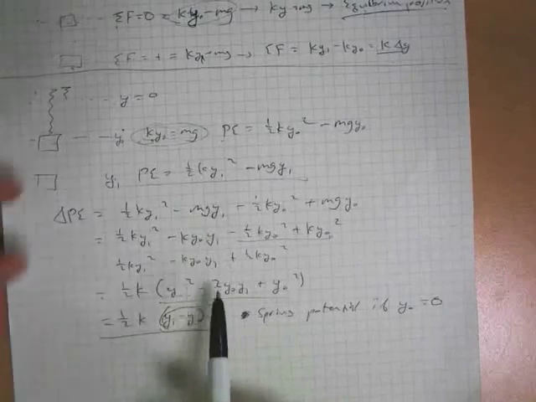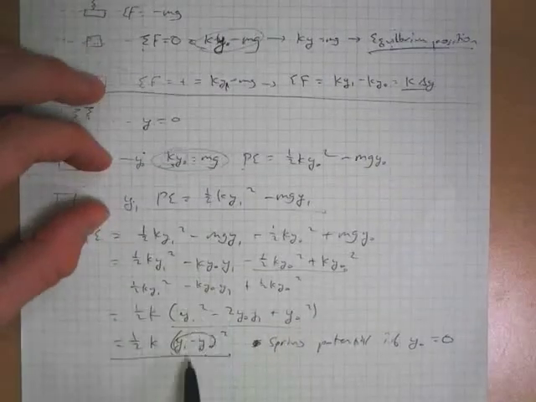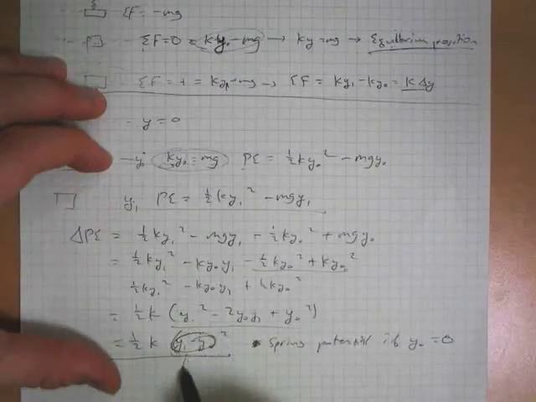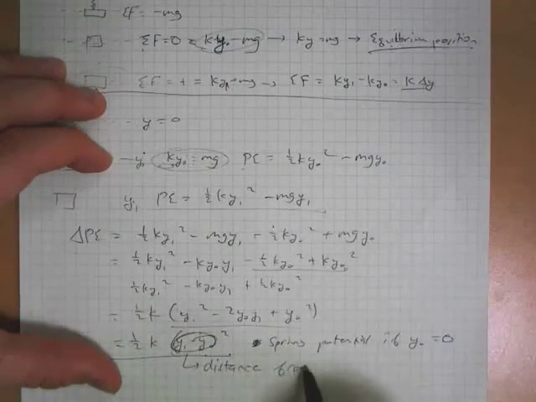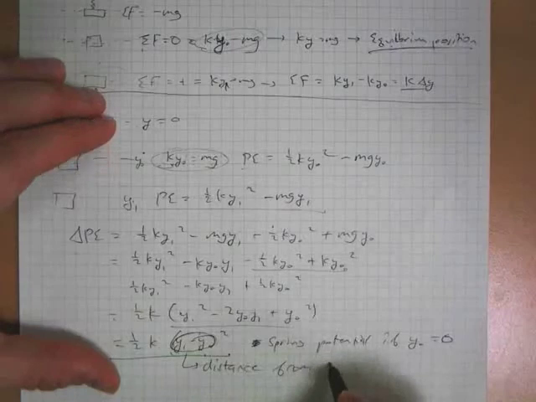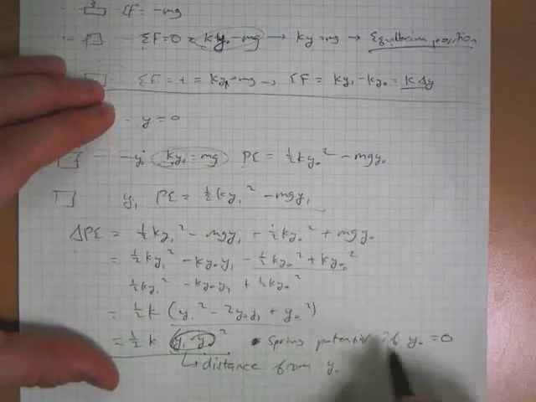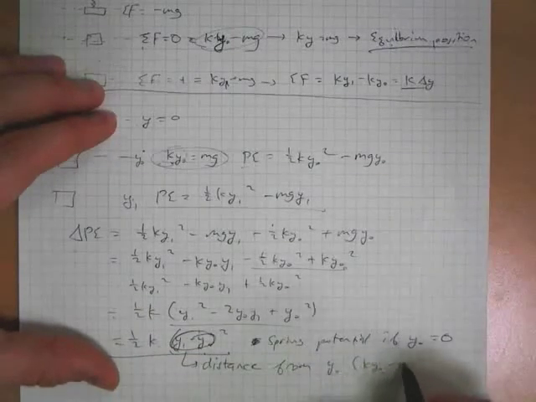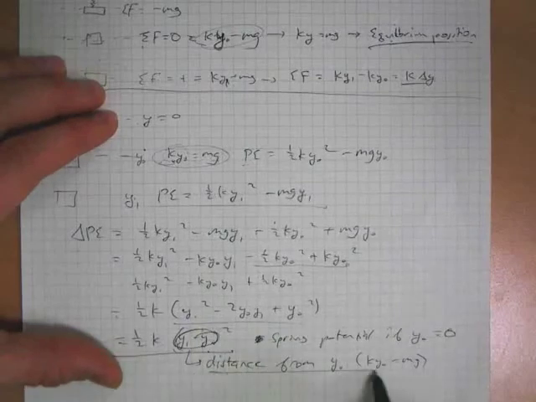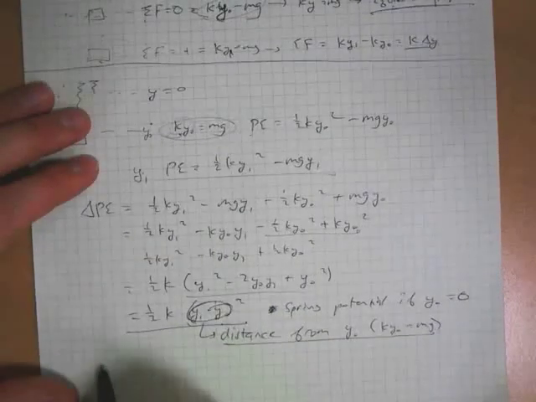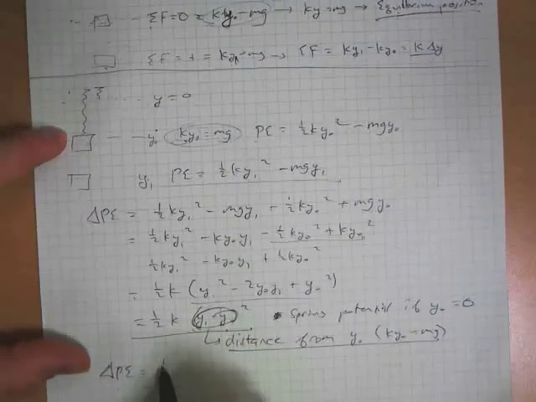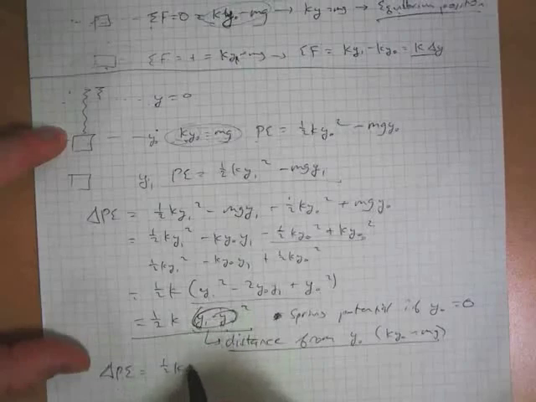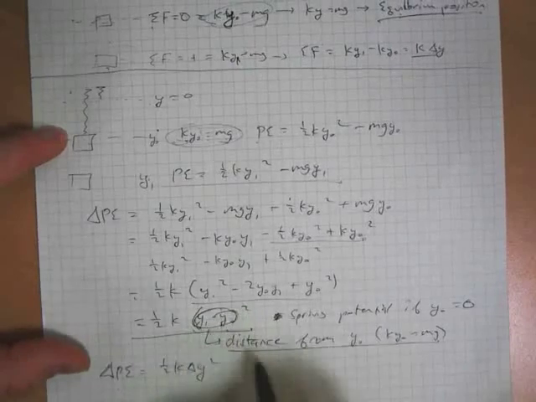So it's just the distance from y naught, or the place where ky naught equals mg. So if we call that our 0, then we can just say our change in potential energy from that equilibrium position is just 1/2 k delta y squared.